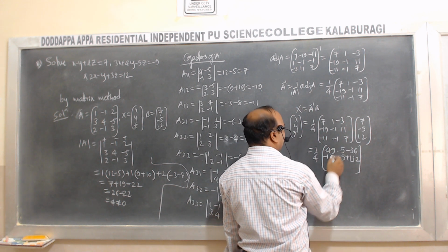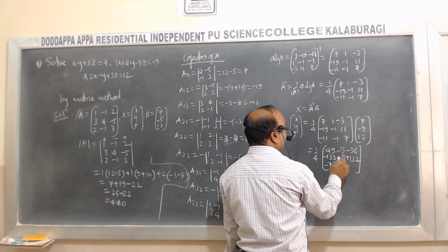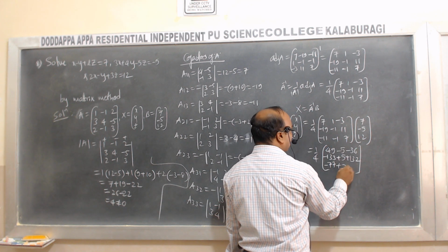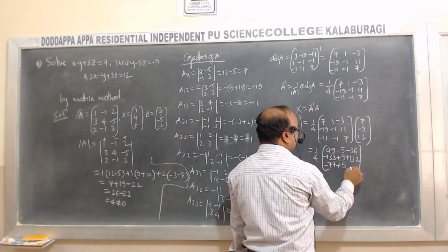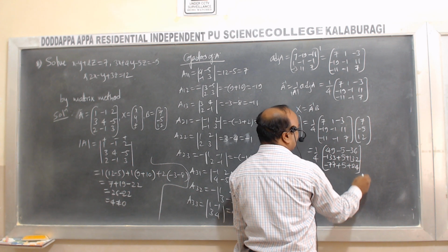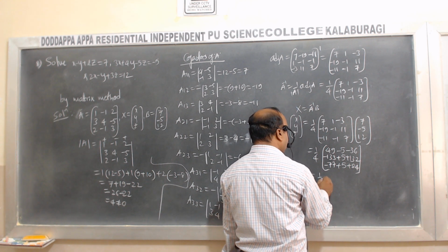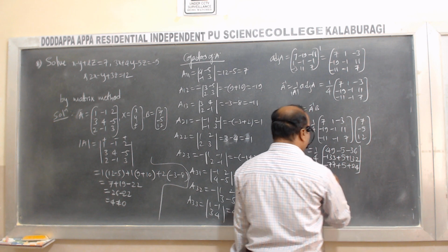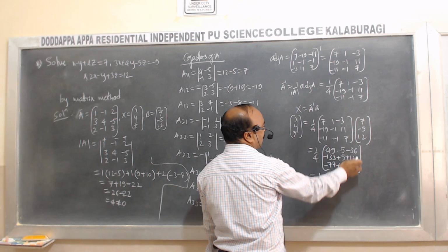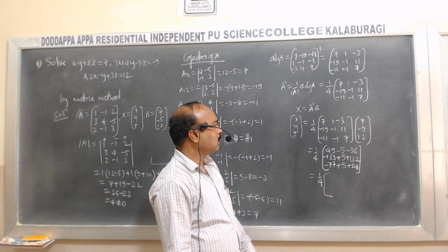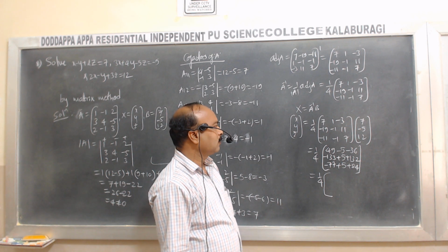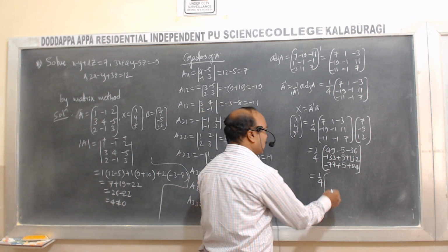Third row, minus 77, minus into minus, plus 5, it is plus 84. Now it is 1 by 4 into minus 5 minus 36, minus 41 plus 49, it is 8.